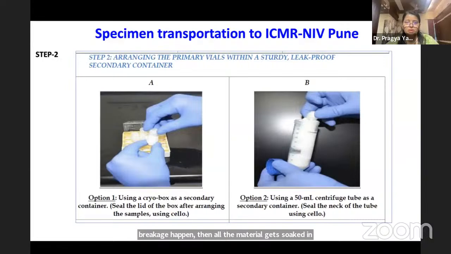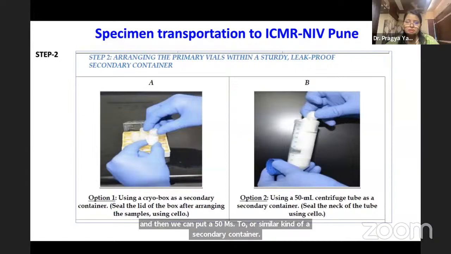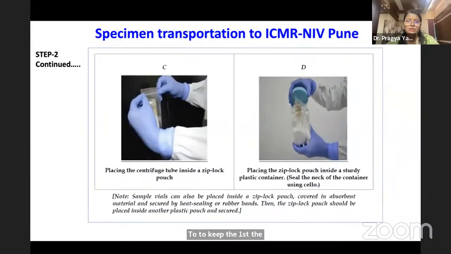So we can use the cryo box as a secondary container, and we have to seal the lid of the box after arranging the samples using cello tape. And then we can put it in a 50 ml centrifuge tube or a similar kind of secondary container to keep the samples in the box. Then we have to make the tertiary container.